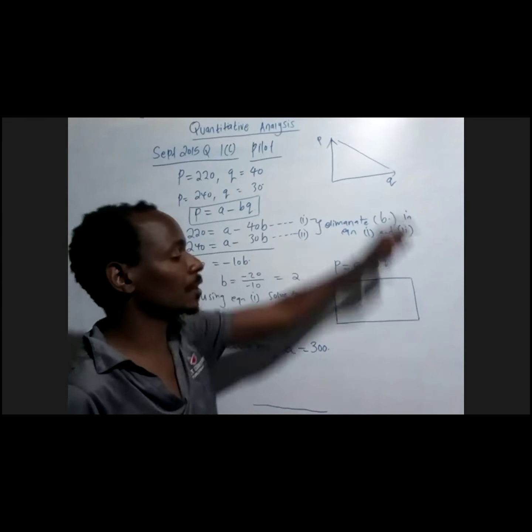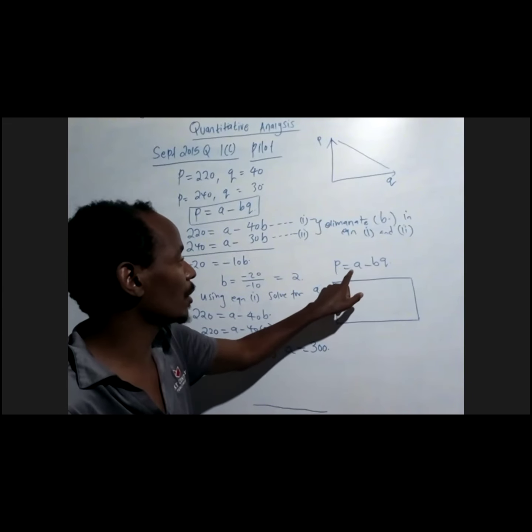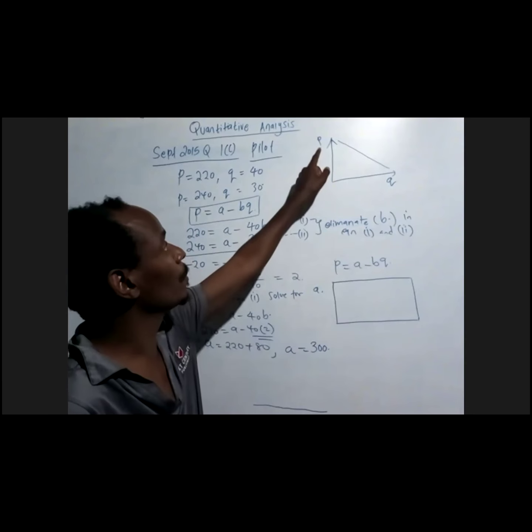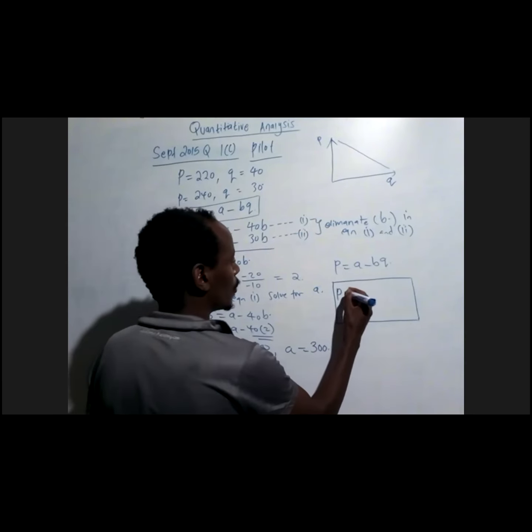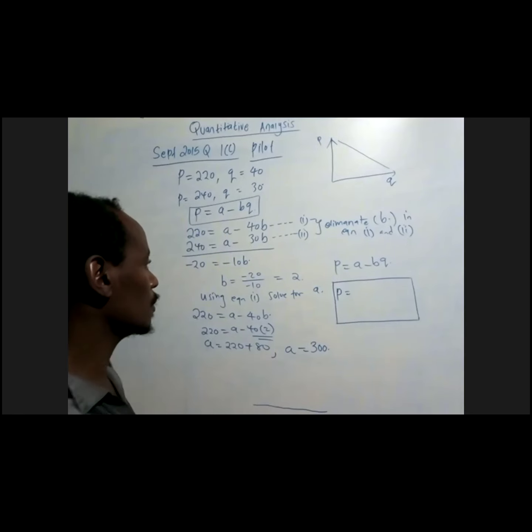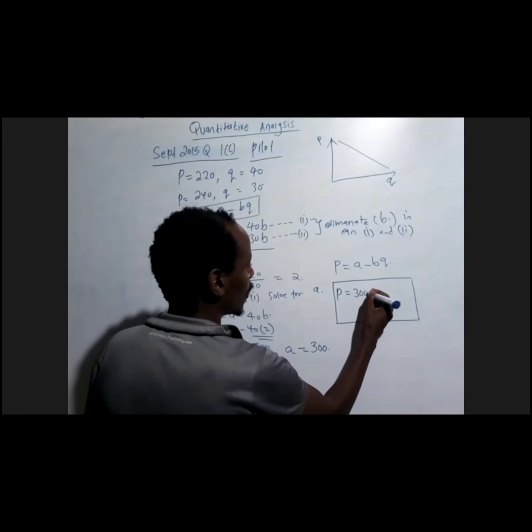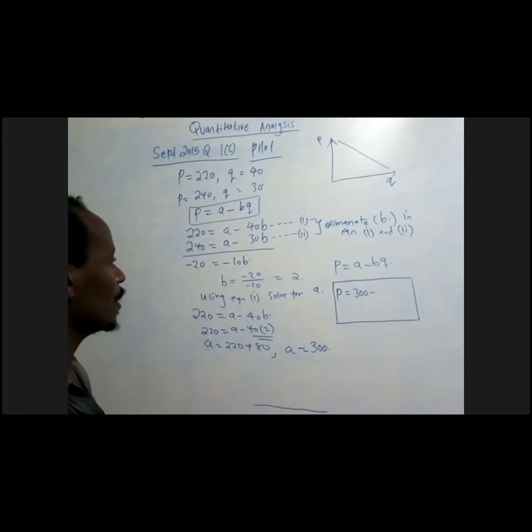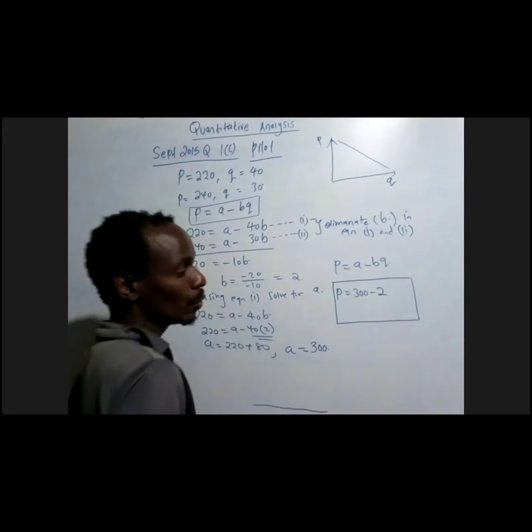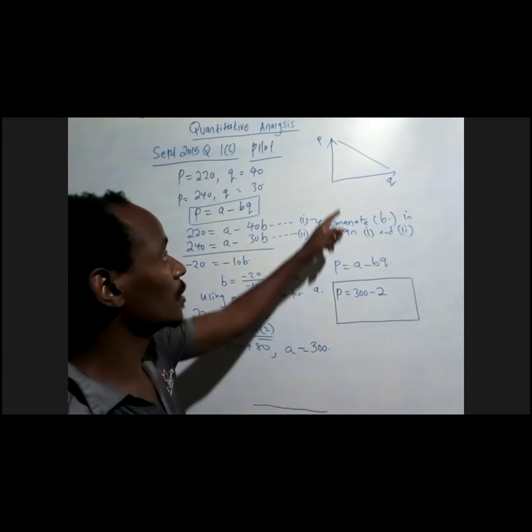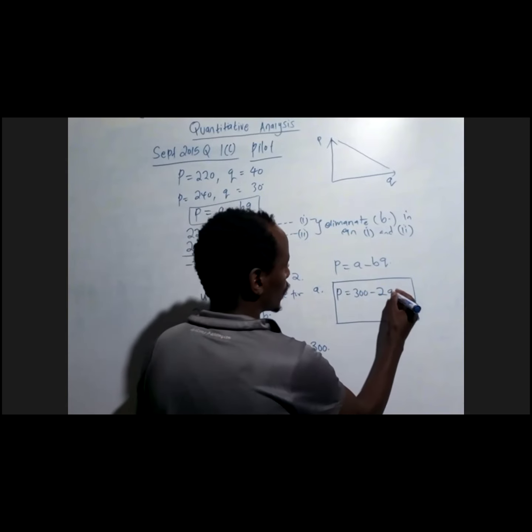So P is equal to A minus bQ, because P and Q are inverse. We have A as 300, and then our B is 2. But remember, it must be negative because we know demand has an inverse relation. Then this one is Q.